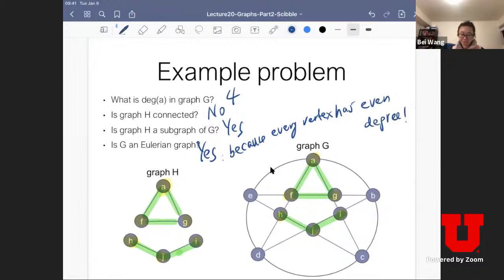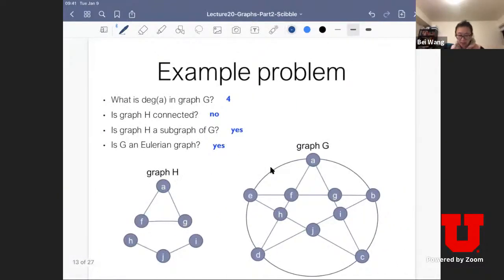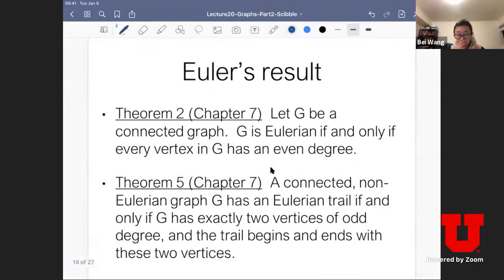Okay. All right. Let's move on to the next thing. Remember, there are 2 theorems we reviewed in part 1 of this lecture. The first theorem says for G being a connected graph, it's Eulerian if and only if every vertex in G has an even degree. Okay, so this is what we just used.